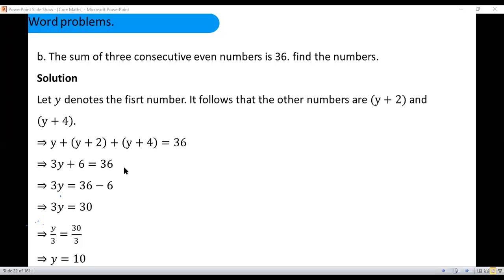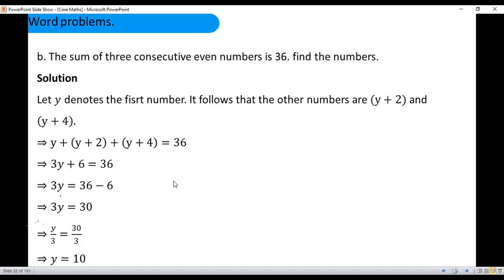Then we get 3y is equal to 36 minus 6, so 3y equals 30. Then we divide both sides by 3 to make y the subject. So y is equal to 10. So 10 is our first even number.